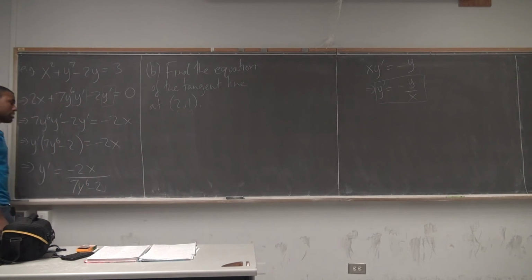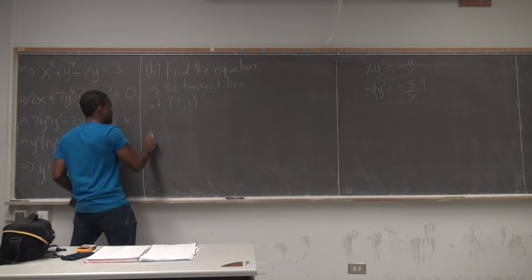How do I find the equation of the tangent line? What do I need for the equation of the tangent line? I need a slope and a point, right? Because it's an equation of a line, so I just need a slope and a point.